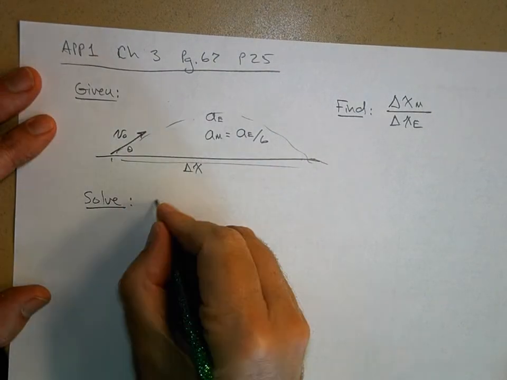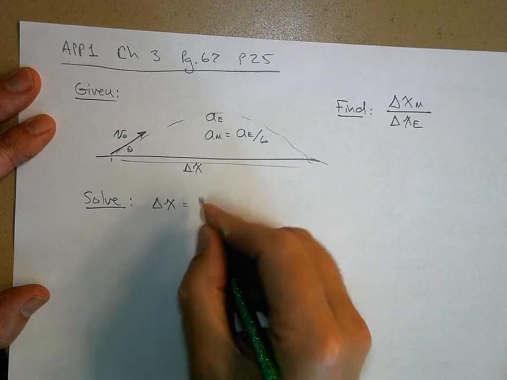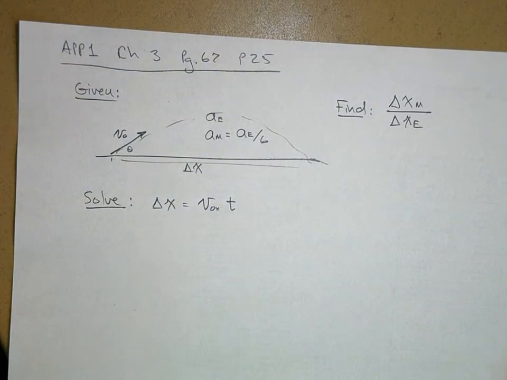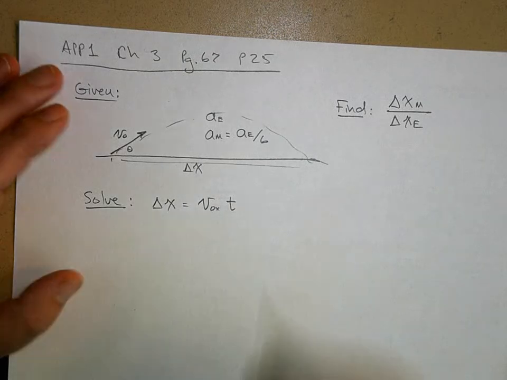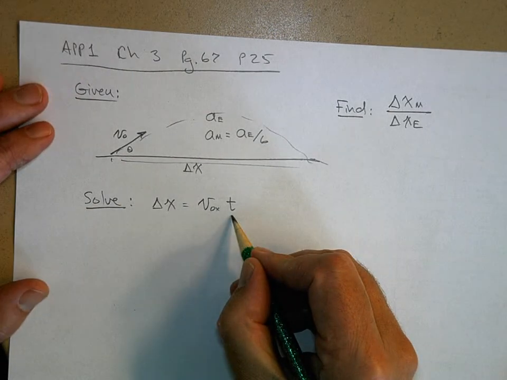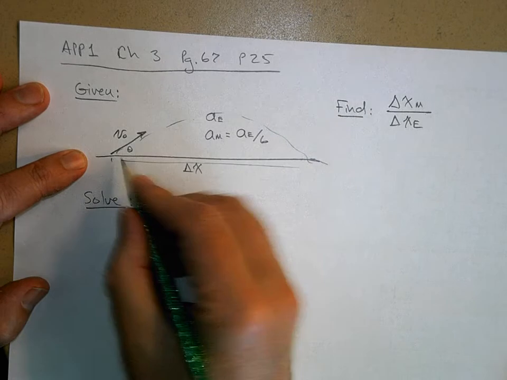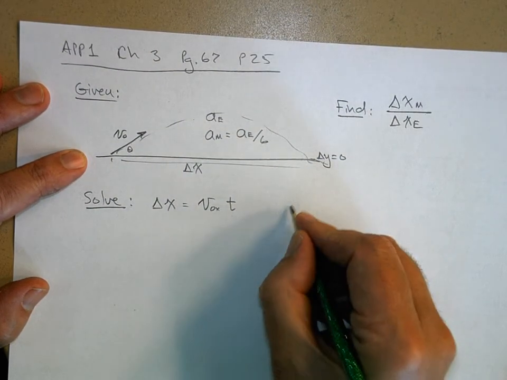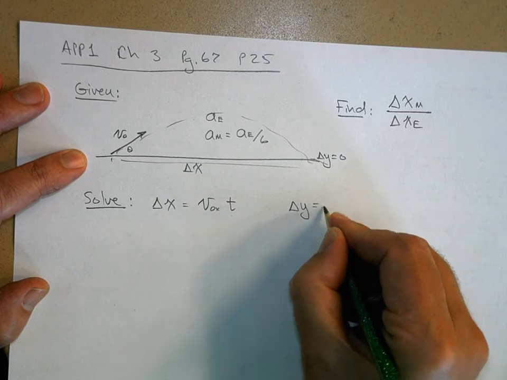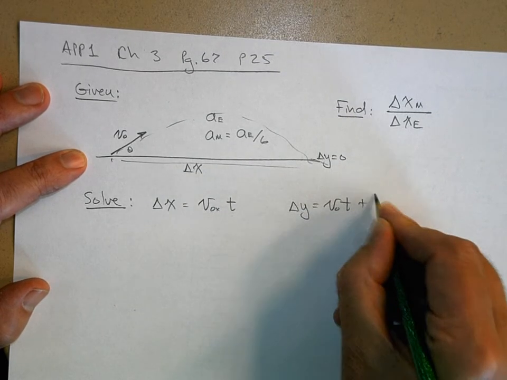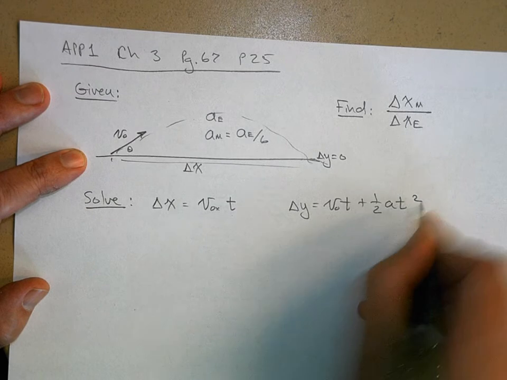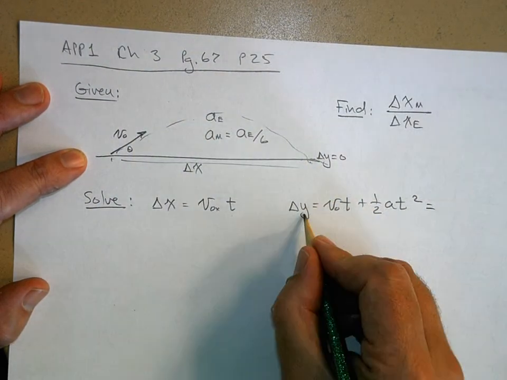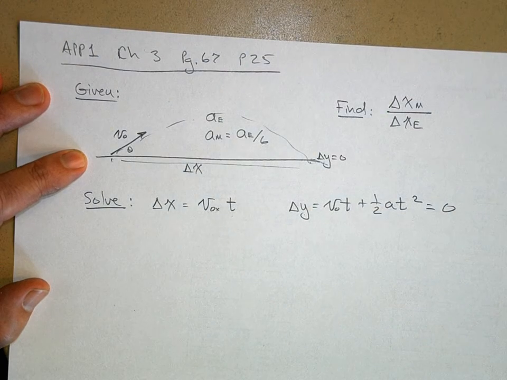Okay, well, delta x, whether it's on the moon or the Earth, depends on the initial velocity in x times time for both of them. Well, let's figure out how much time it takes to go up and down. If you go up and down, then your delta y equals 0. So I can say delta y equals v naught t plus 1/2 a t squared. But if we go up and down to the same height, delta y equals 0, so I set that equal to 0.